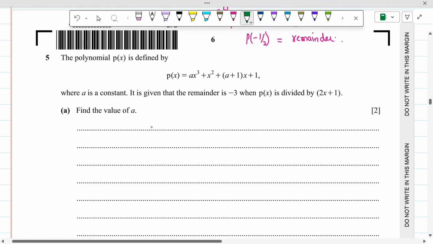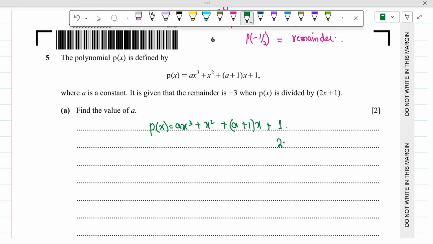So we have the polynomial p of x equals ax cubed plus x squared plus (a plus 1) times x plus 1, where 2x plus 1 is the factor. When we equate it with 0, we have x equal to negative half. When this polynomial is divided by the factor, the remainder is negative 3.